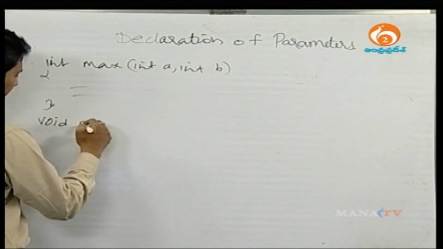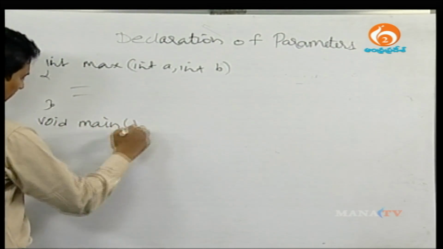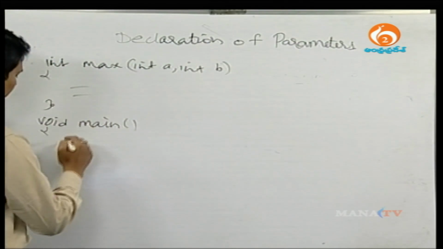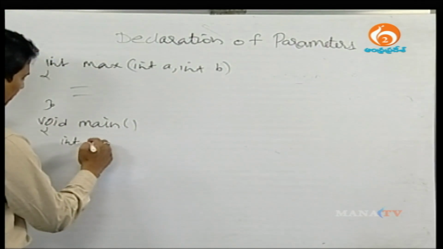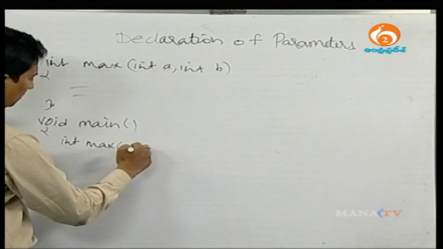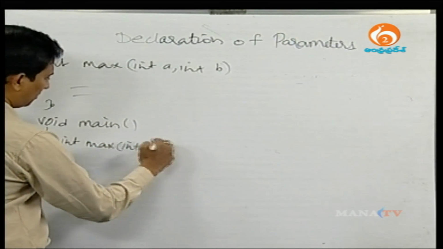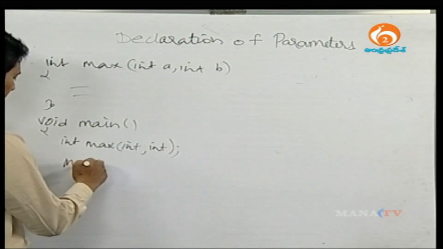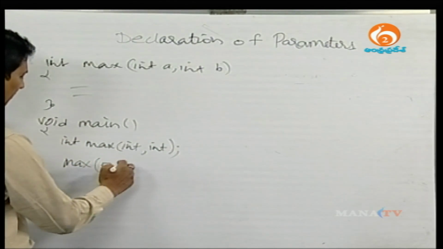Void main. Here we have written the function declaration, and the function call max of 5, 6.